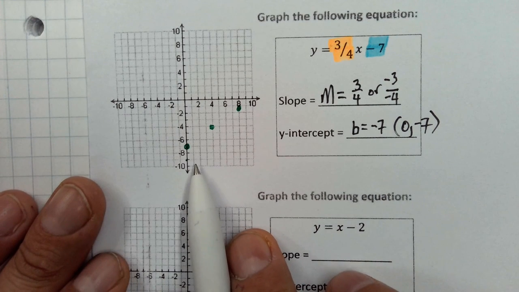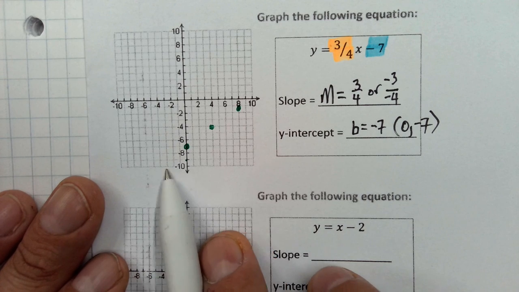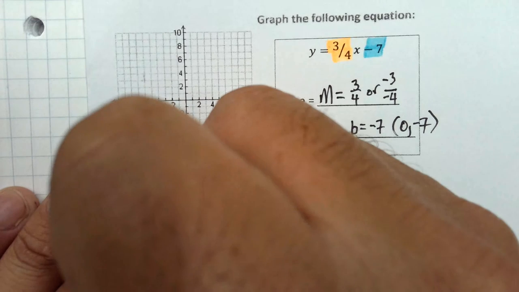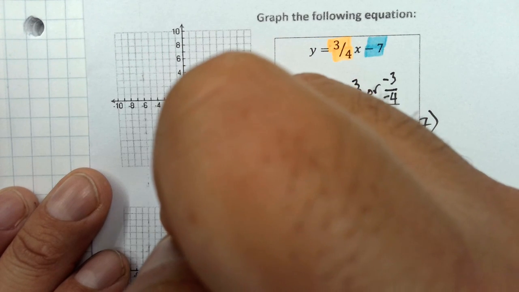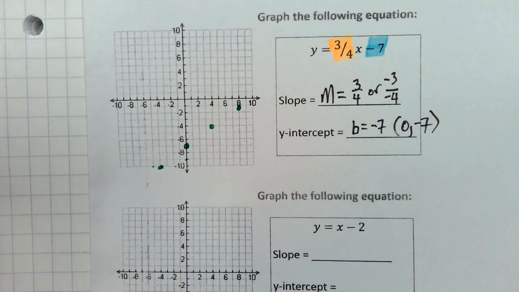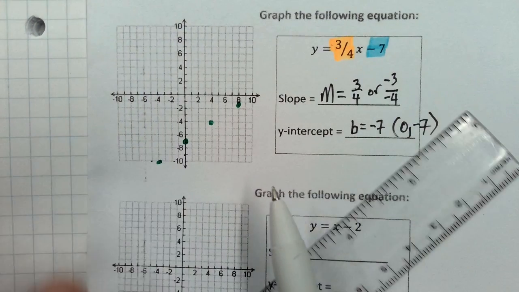If I want, I can go down 3 and to the left 4. Put one there. Just for fun. Right there, actually. Down 3, over 1, 2, 3, 4, right there. And do you see how that point's also part of the line? I just did that to show off. You don't have to put this one.